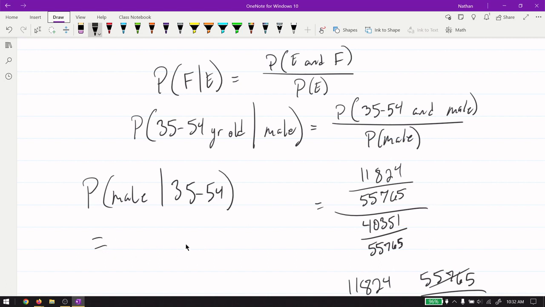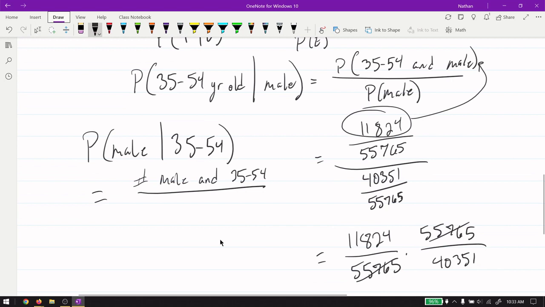So really what we need to do is figure out the number that were male and 35 to 54. And we already have that number, right? That was the exact same number as this one. That came from here.